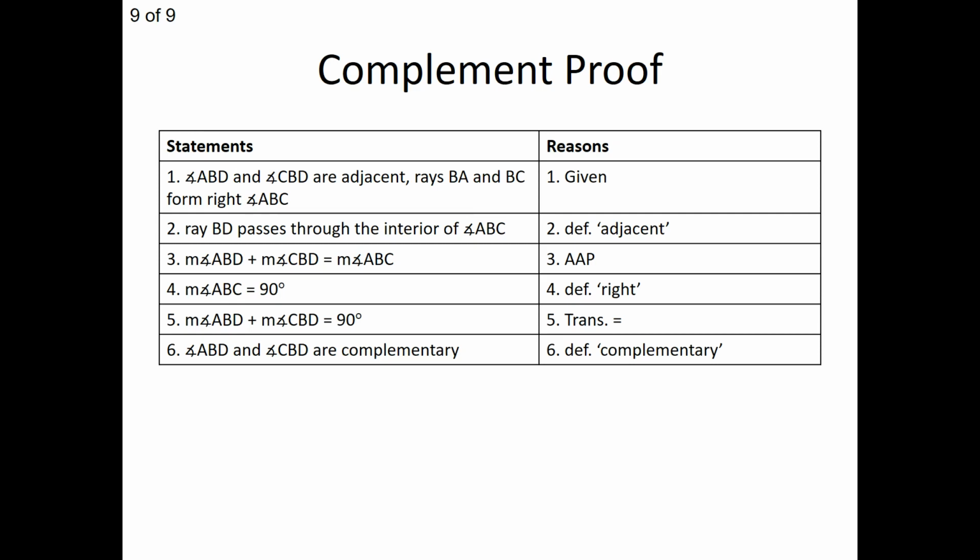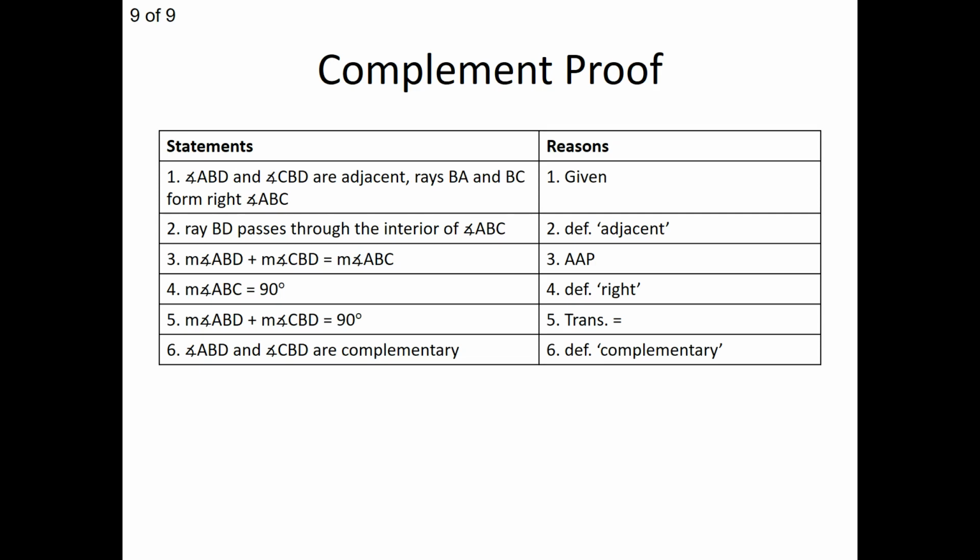Well, look at statement 3 and statement 4. We're going to combine statement 3 and statement 4 to make a new statement, statement 5. The sum of the angles ABD plus angle CBD is equal to the measure of angle ABC, and in statement 4, the measure of angle ABC is 90 degrees, which means by the transitivity property, I can say that the sum of the two angles is equal to 90 degrees, right?